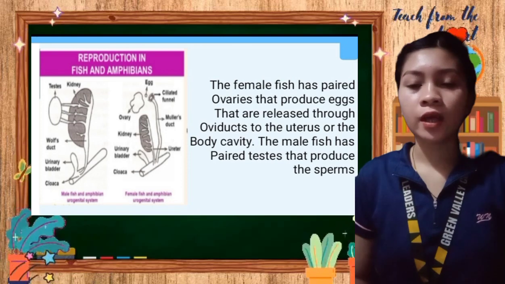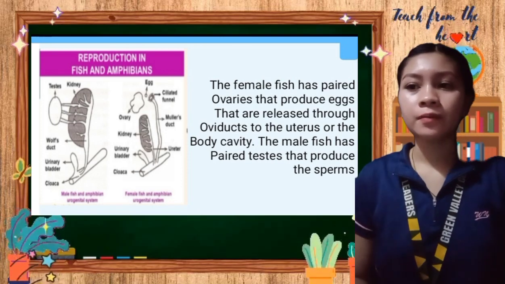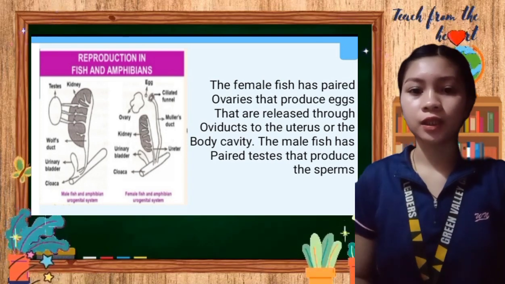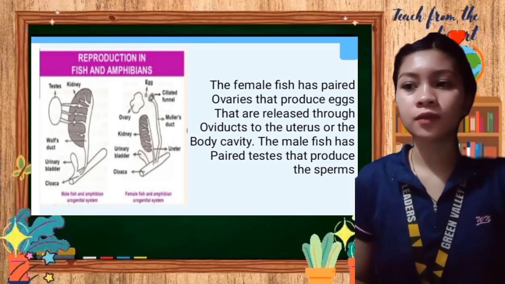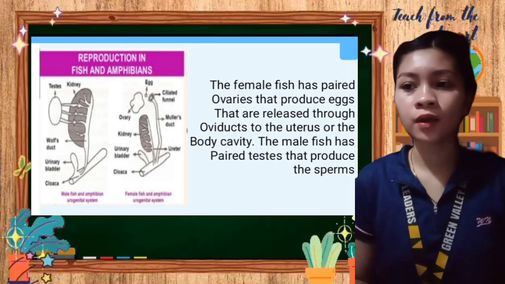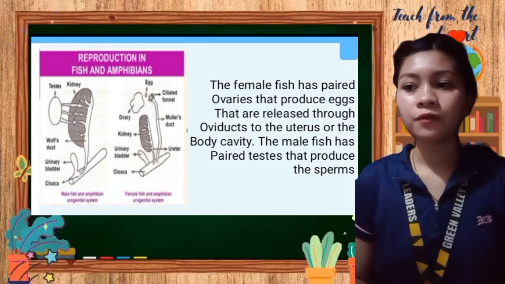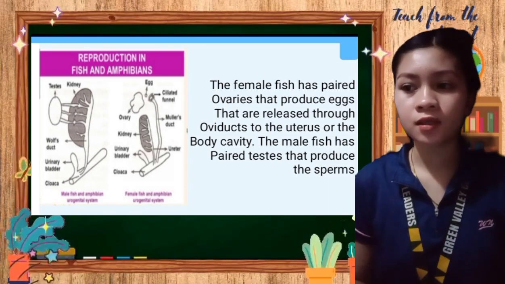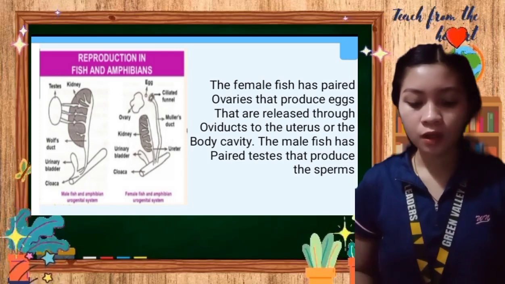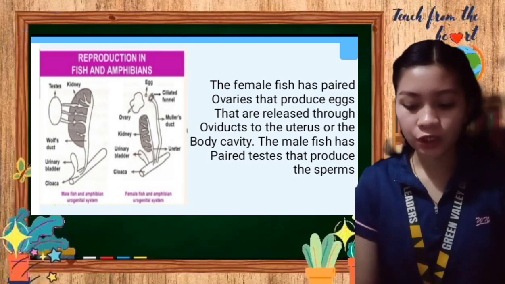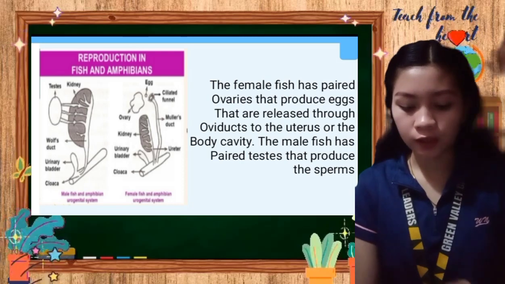Reproduction in fish and amphibians. The female fish has paired ovaries that produce eggs that are released through oviducts to the uterus or the body cavity. The male fish has paired testes that produce the sperm. So the female fish has paired ovaries.